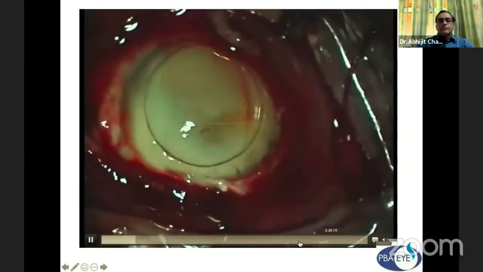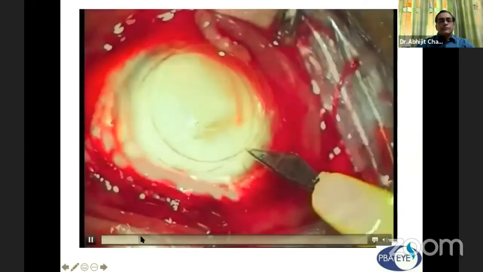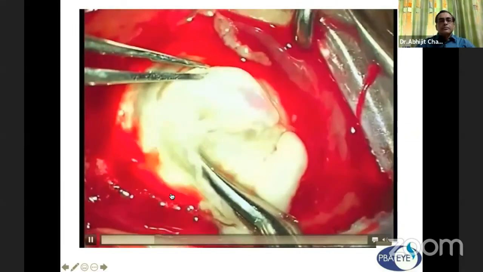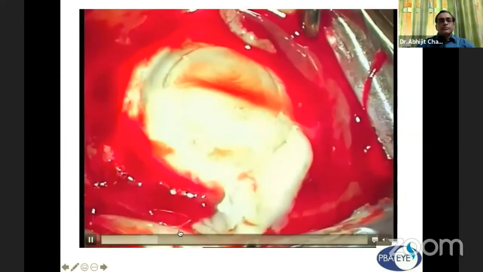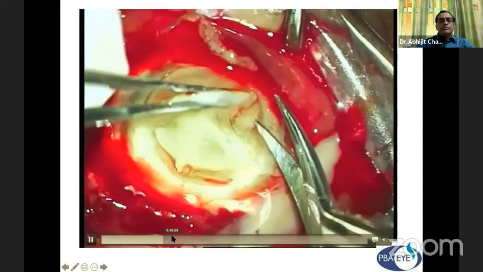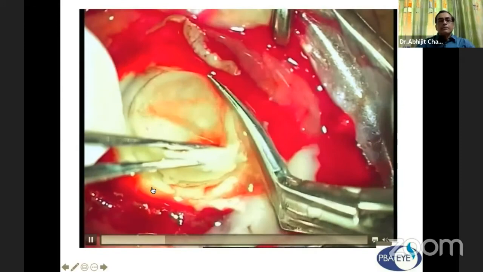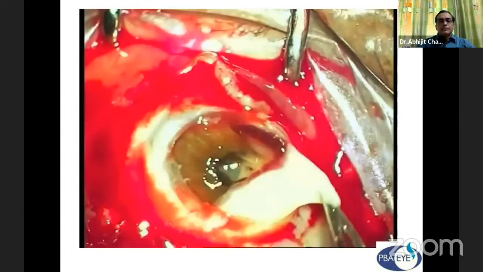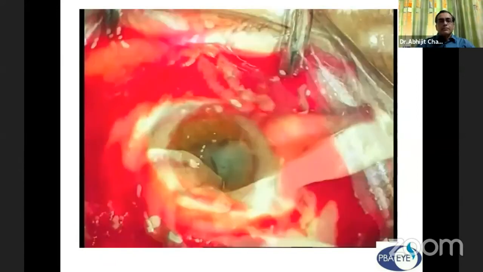So keratoprosthesis is the answer to all the queries here. We started with removal of the corneal button. We should try to take as big a button as possible so that most of the infected areas come out. The anterior chamber was also cleaned and the membranes removed.